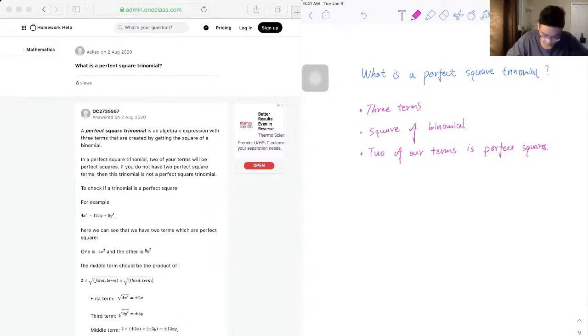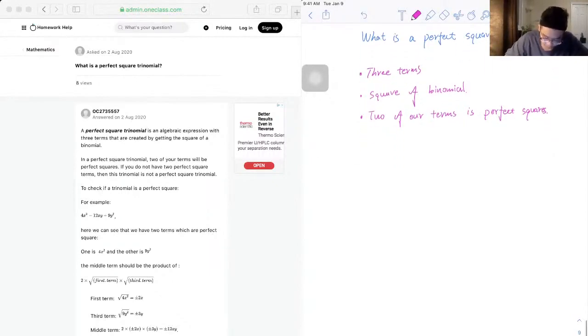So let's use an example to explain a little bit more. Let's say we got 4x squared minus 12xy plus 9y squared.